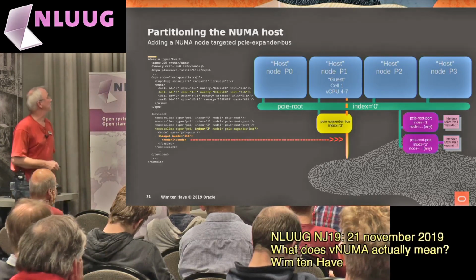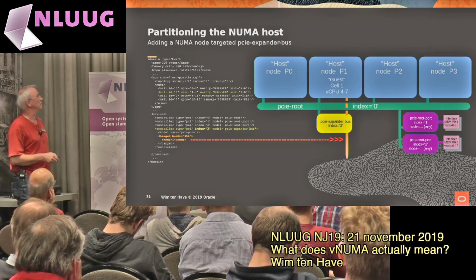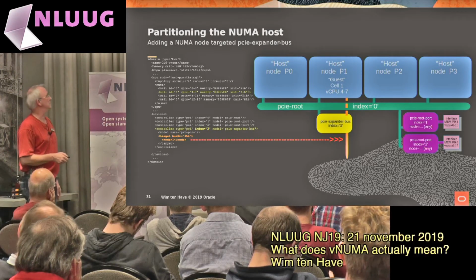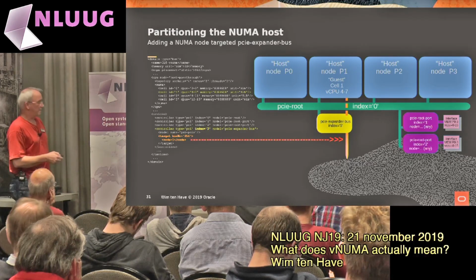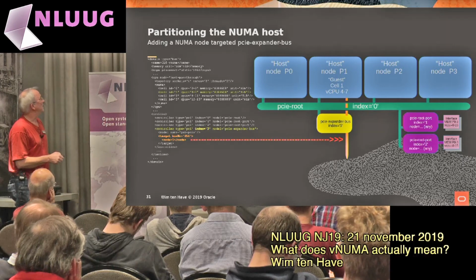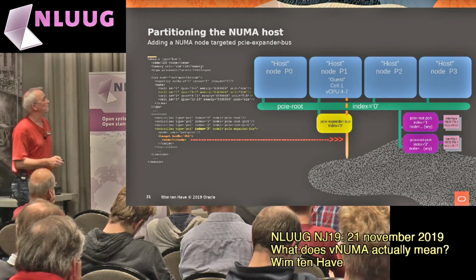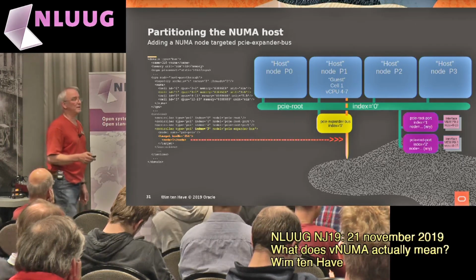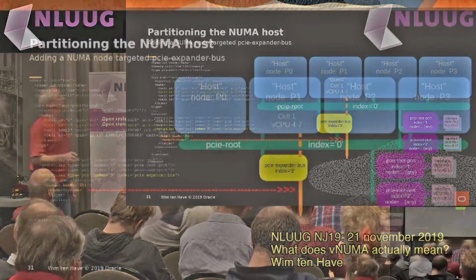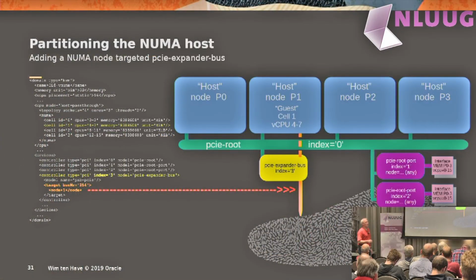So for that we have to describe an expander bus architecture under Libvirt in the XML. And well, we give it a bus number, and this bus number gets a node assignment. And it is some way that the QEMU instructs the hypervisor that all the IOs which start to happen for an interface under that bus are connected to one of the CPUs under that vNUMA node.